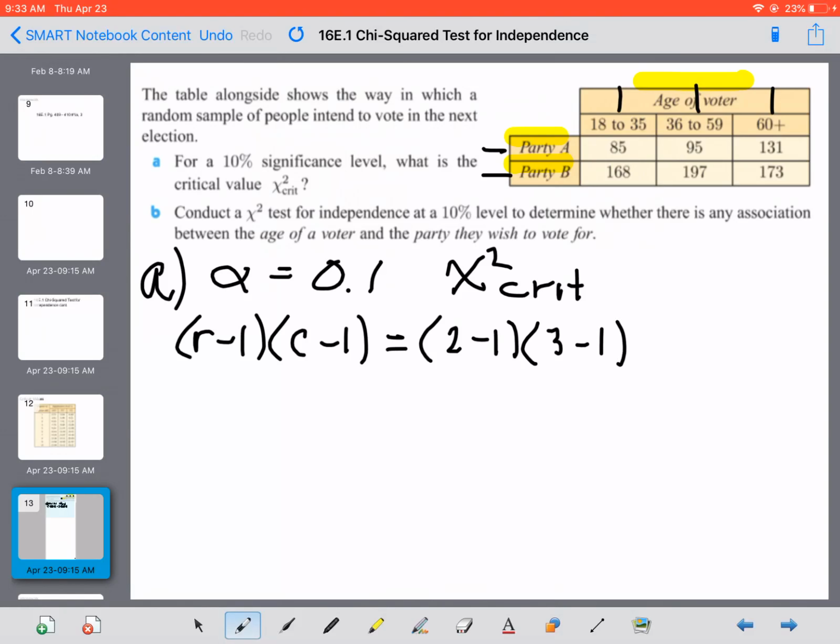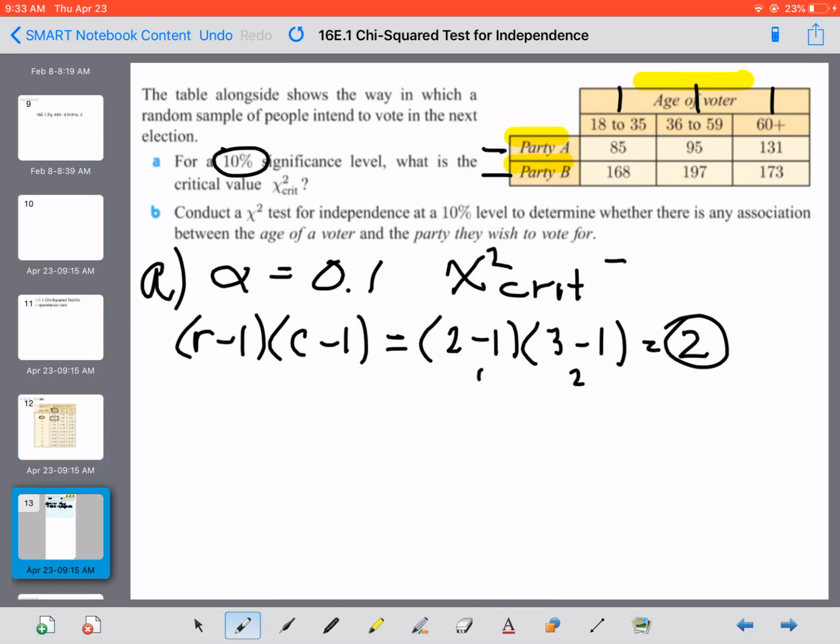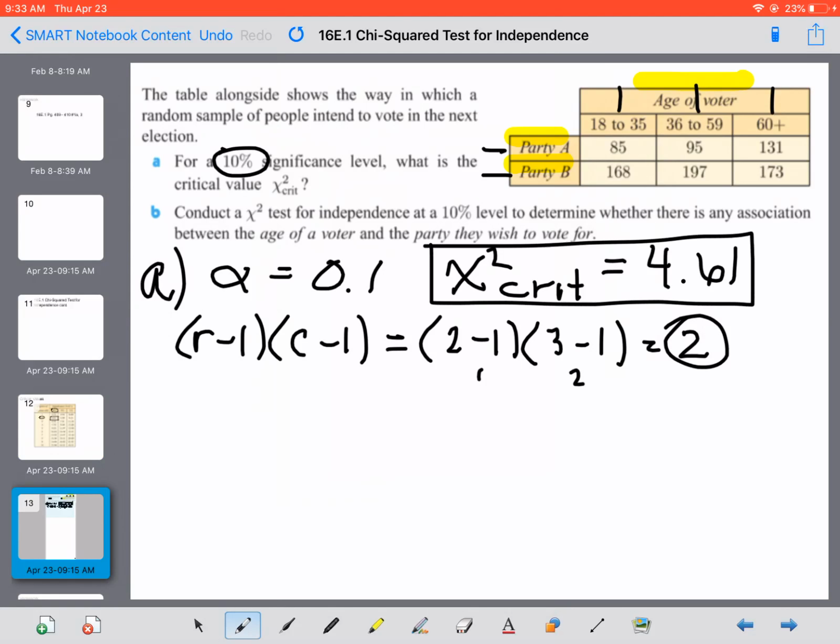That is 1 times 2, so my degrees of freedom is 2. Degrees of freedom of 2 at 10% gives me a critical value of 4.61. So our chi-squared crit is equal to 4.61. That is the answer to part A.